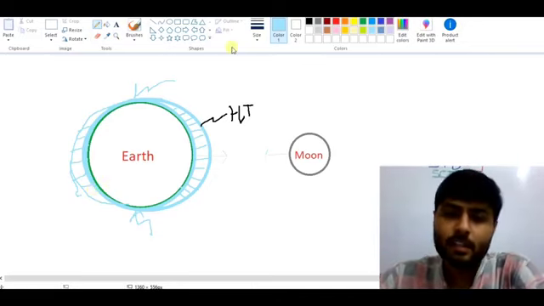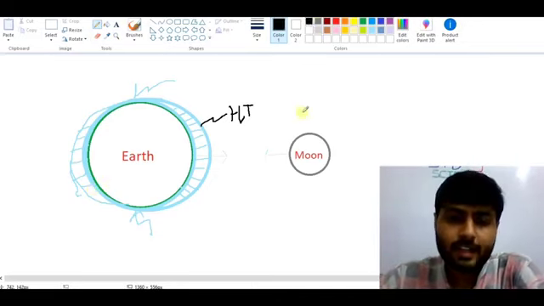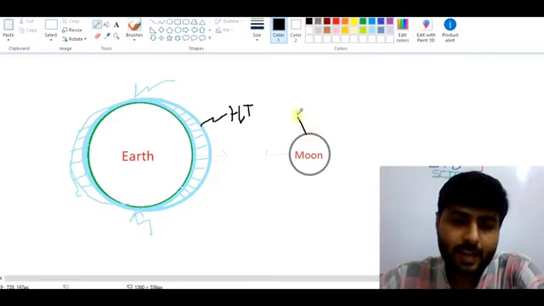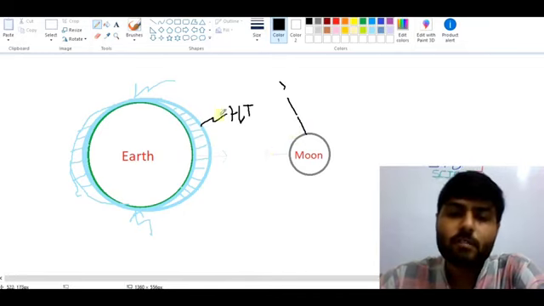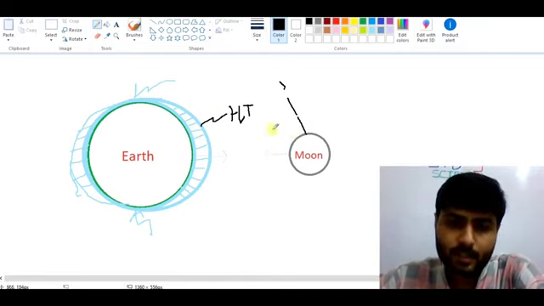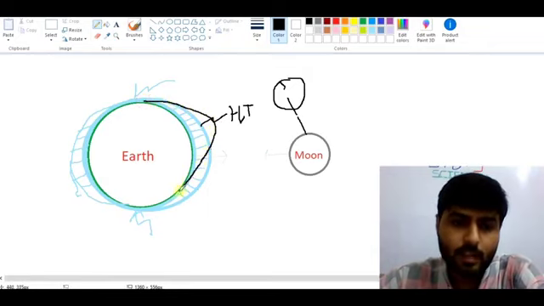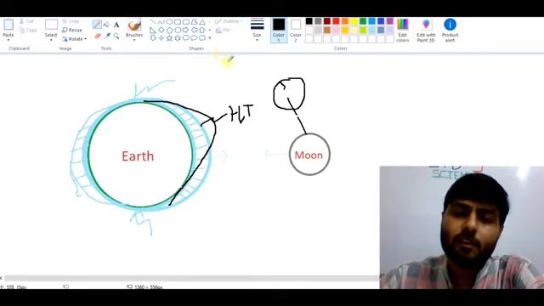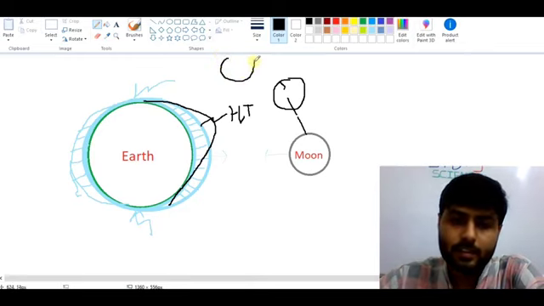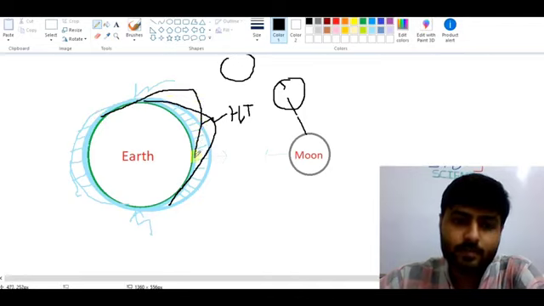Similarly, moon travels on its orbit like this, so this bulge also travels with moon. If moon goes here, this bulge will be created here. If moon goes here, this bulge will be created here.